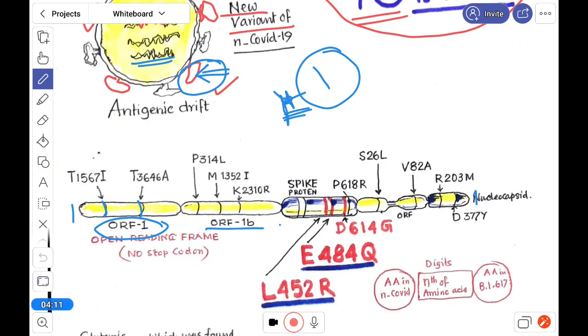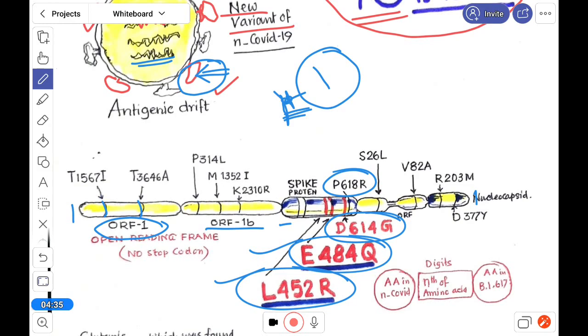Now come to the spike part. There are 4 mutations. See here: 1, 2, 3 and 4. The last 2 are written in big letters, because these 2 changes make severe changes in that variant. The other changes are not so.